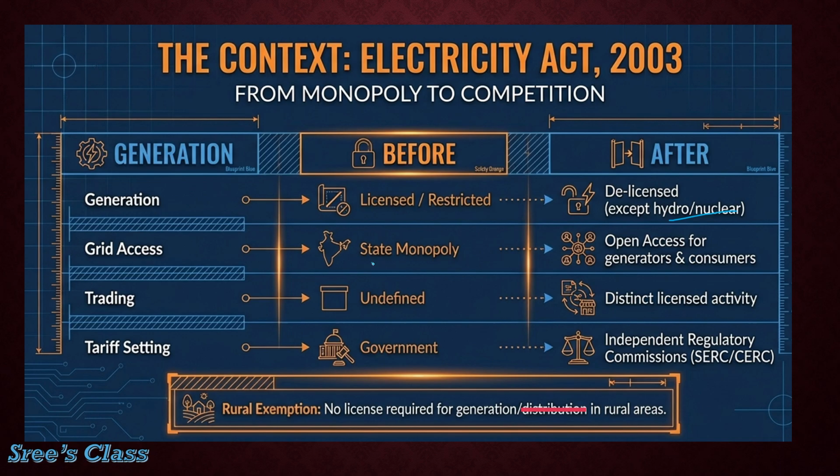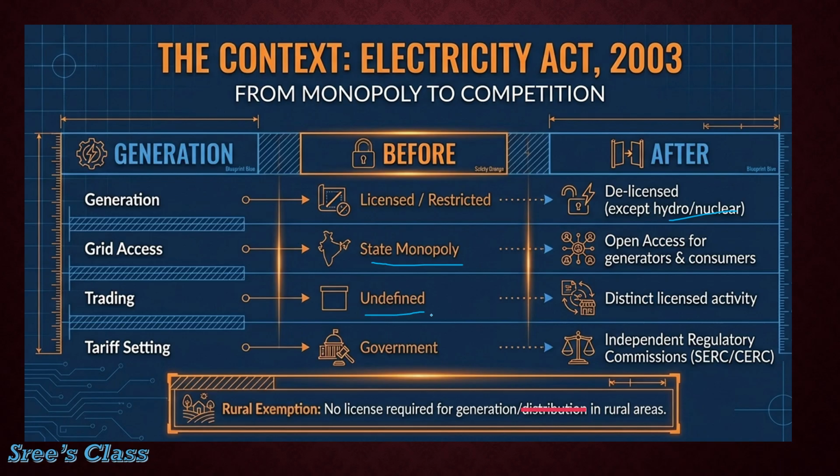Previously the grid access was a state monopoly. There was no interstate option, it was only intrastate. Currently it is open access. The complete India is a single grid now.